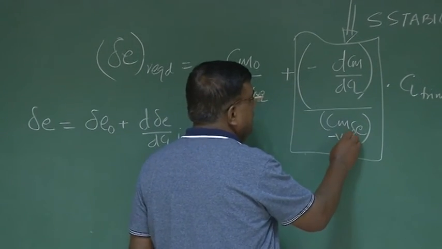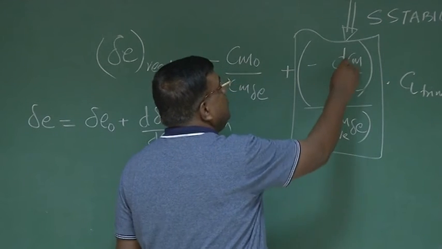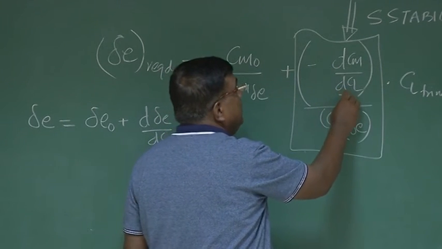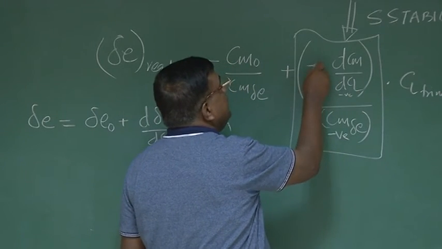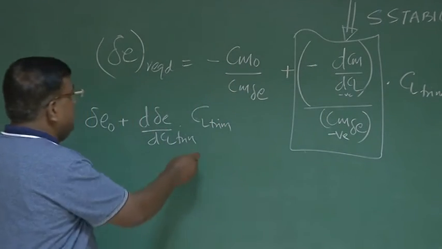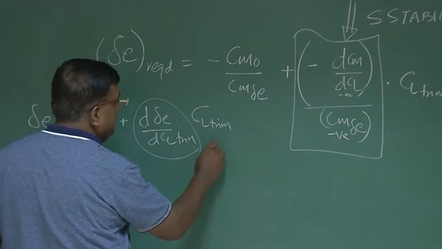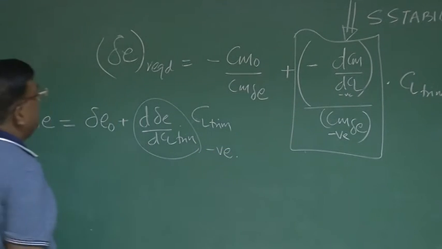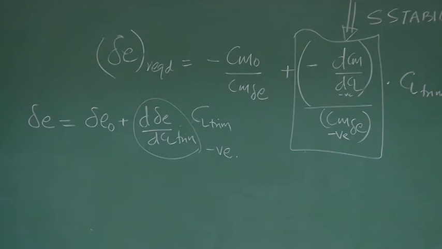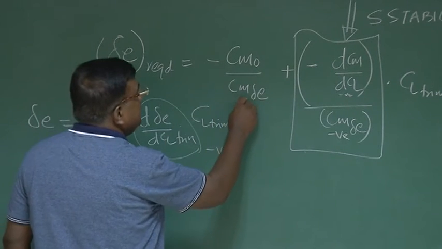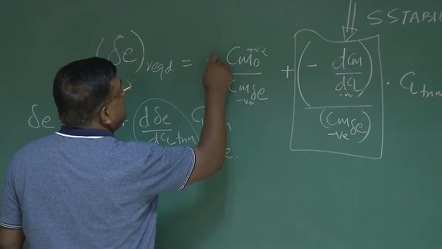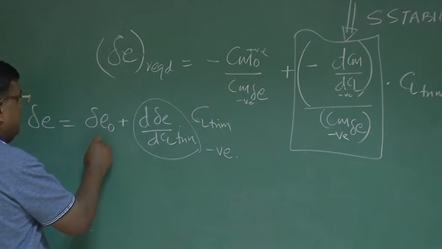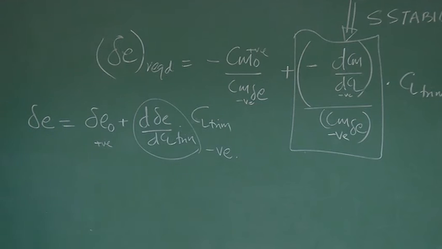Cm delta E, you have seen the sign is negative. dCm by dCl for a statically stable aircraft is negative. So this is negative, negative, positive, and this negative sign sitting here. So the sign of this is negative. What is the sign of delta E naught? Cm delta E is negative, Cm naught is positive. So negative, negative, positive. This sign is positive. This is clear?